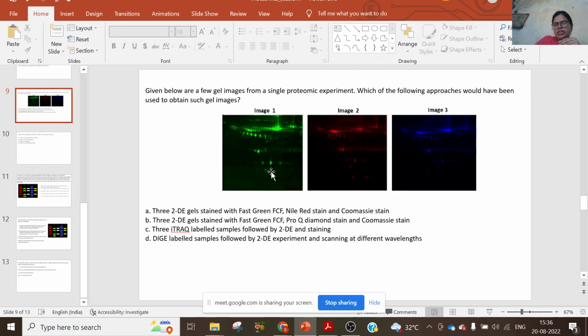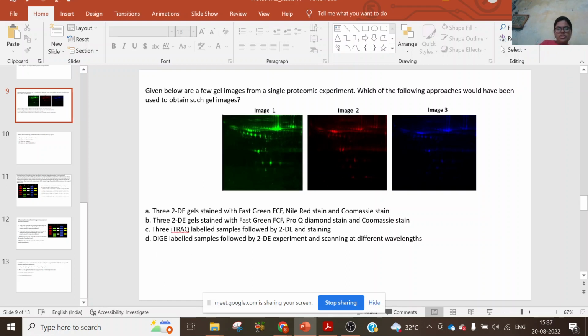That is why at different wavelengths you are seeing your gel, and you are getting three different images from your single proteomic experiment. Because your sample is labeled with three different kinds of dye, you get three different images. This is the approach we are using for DIGE, with Cy2, Cy3, and Cy5 dyes. Okay.